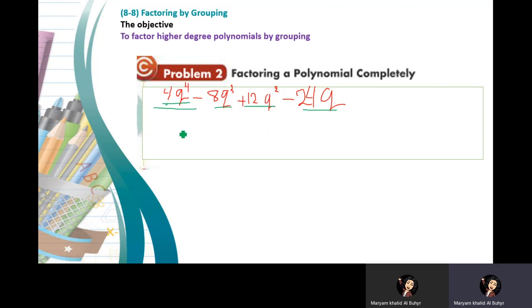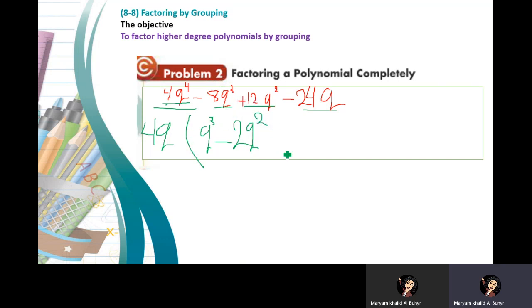The lowest power is 1. So I will take 4q. And then the remaining inside, if I take 4 outside and 1q, will be q to the power 3. Here, minus. You took 4, so the remaining is 2, so you can say 4 times 2 is 8. And you took 1q outside, so the remaining is q to the power 2.